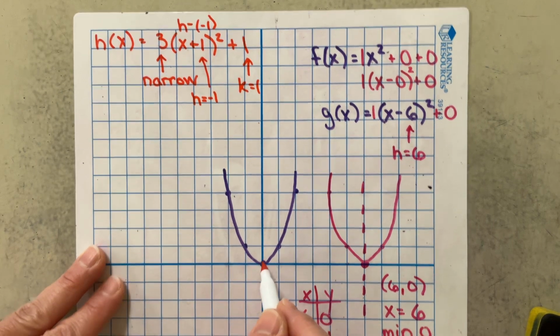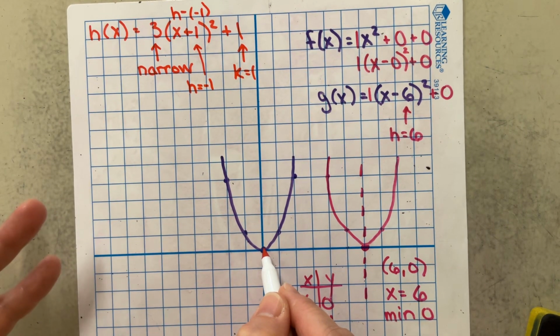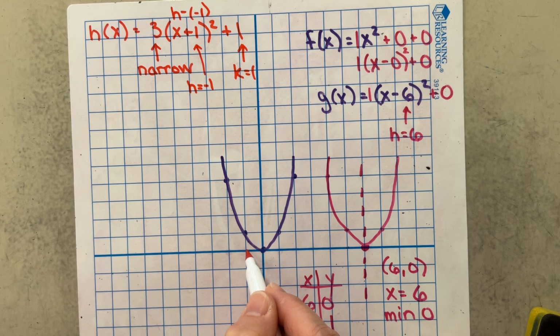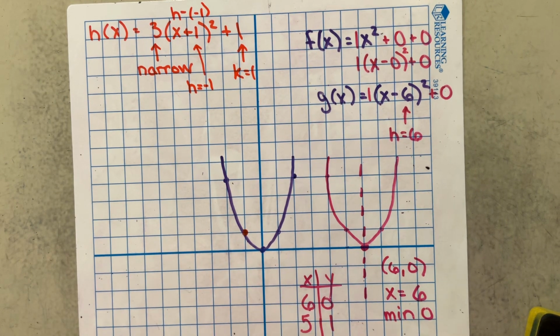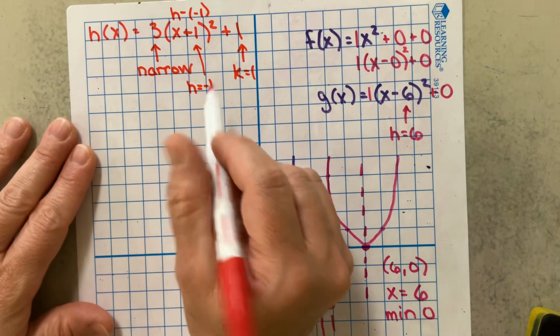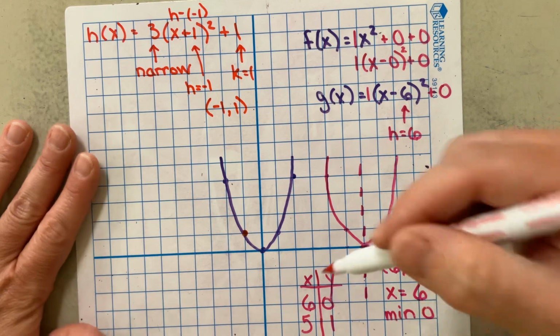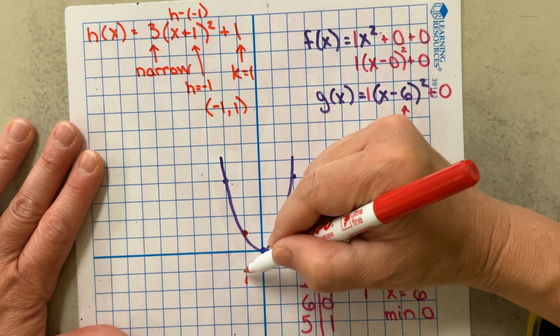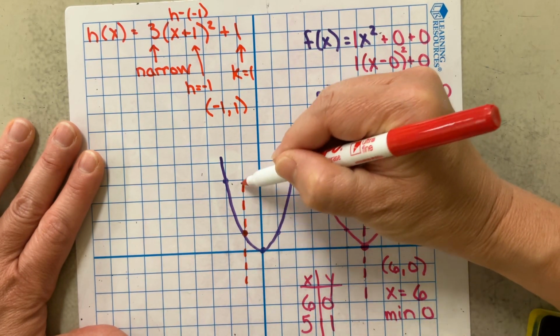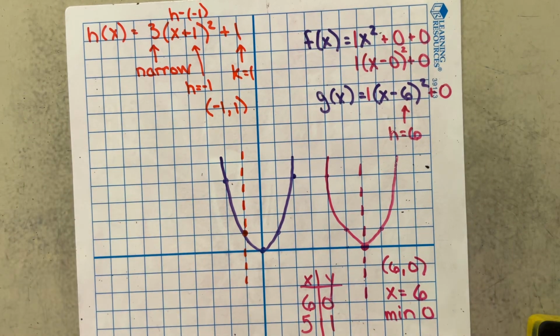So we're going to go from our normal origin, (0, 0), to the left 1, and up 1. So this is going to be our new vertex. We can see the ordered pair is (-1, 1). That means the axis of symmetry is through this x point of -1.